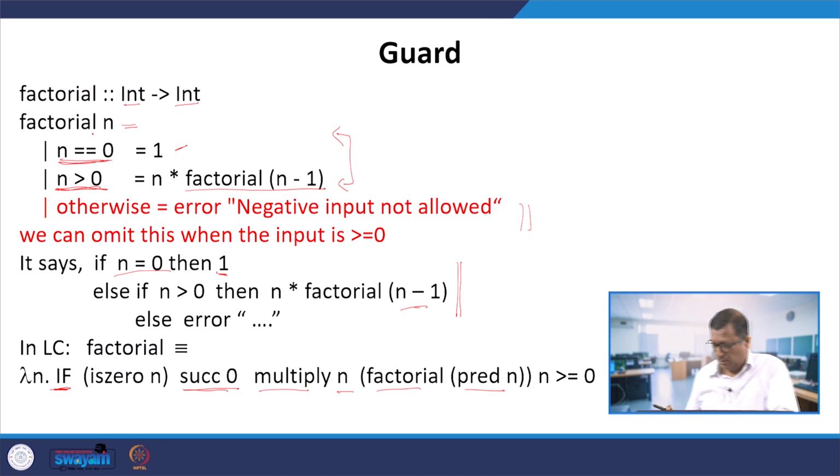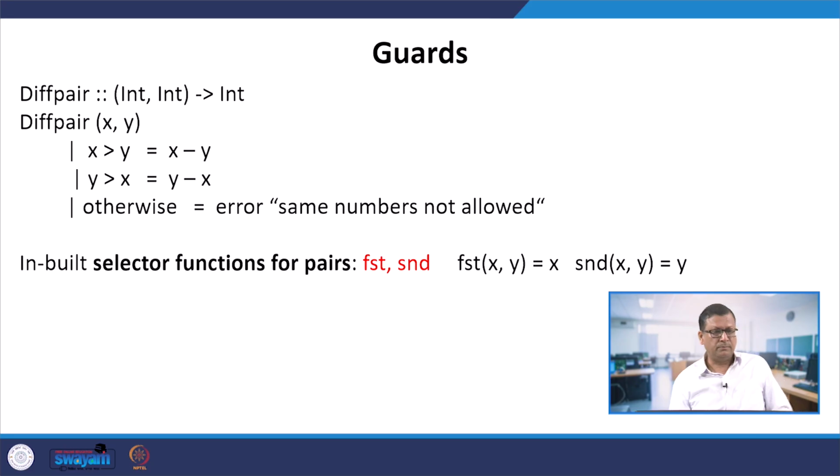Now a second example is, we are taking as input a pair of integers and we are returning another integer. The first guard says if the first component is greater than the second component, we return the difference x minus y. If the second component is greater than the first component, we return the difference y minus x.